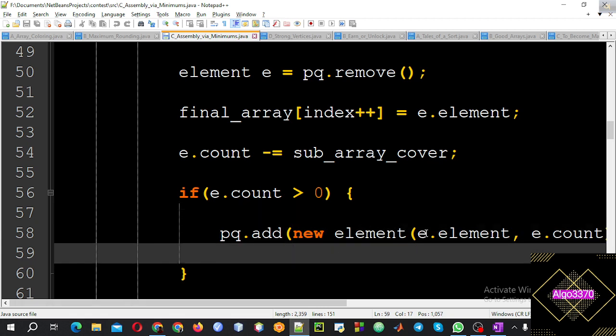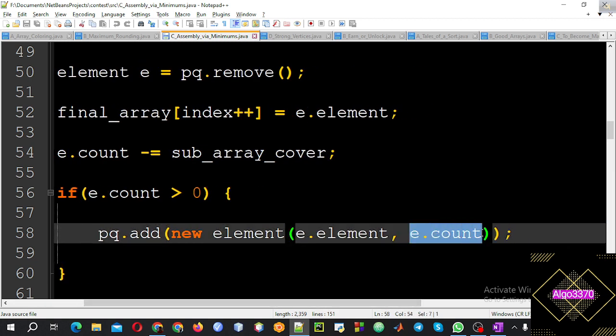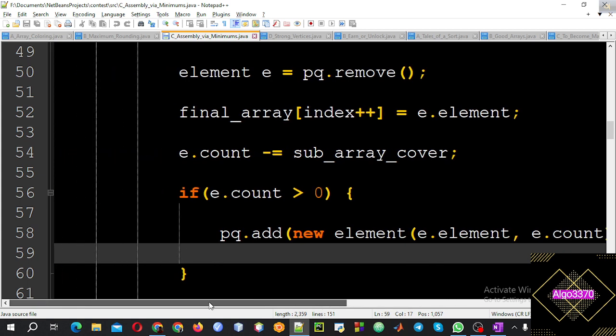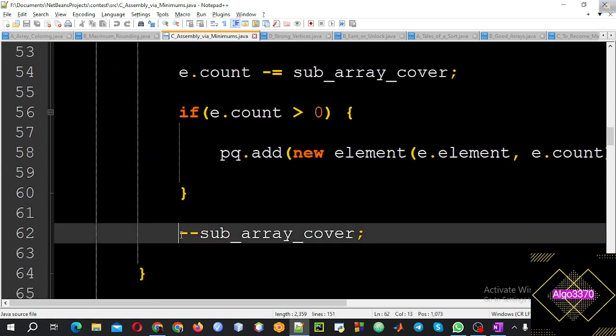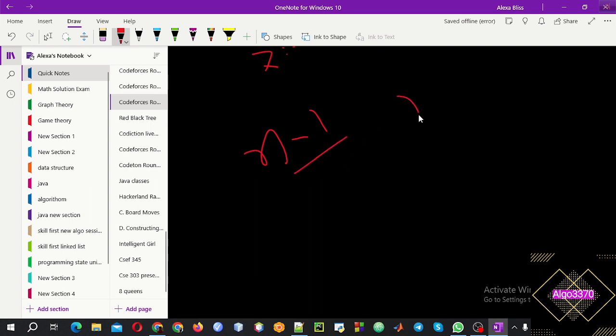We will pick that new element and that many counts in this priority queue, and finally we will subtract 1 from our subarray cover. Why subtract 1? For the first element we have to compare with a total of n minus 1 elements. For the second index, n minus 2, for the third index, n minus 3, and for the ith index, n minus i.